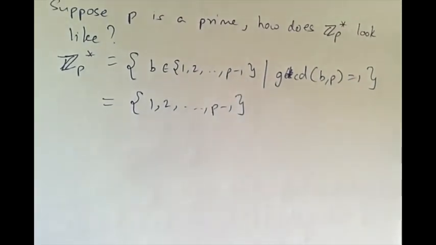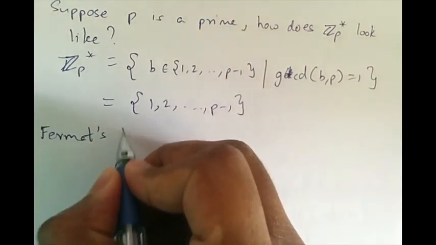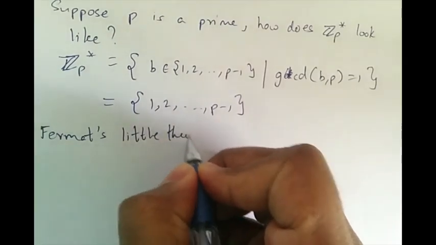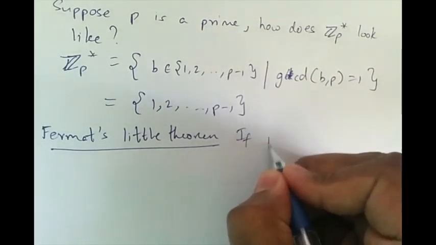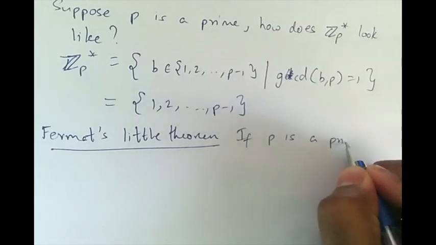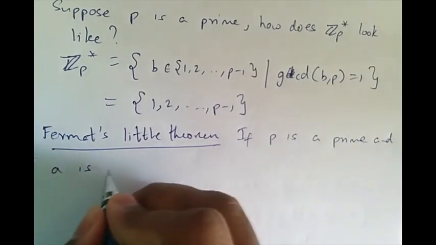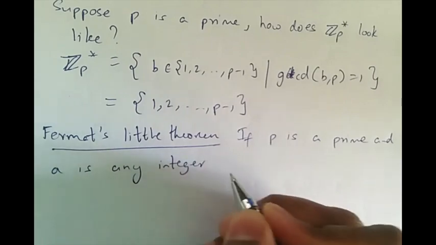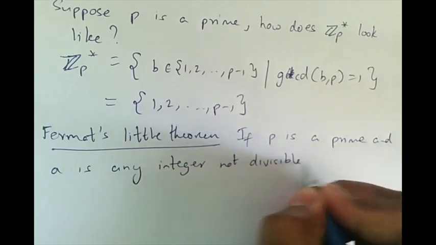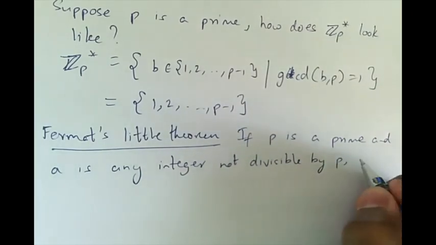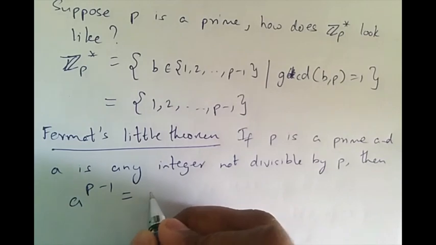So what is Fermat's little theorem? It says that if p is a prime, and a is any integer not divisible by p, then a to the p minus 1 is equal to 1 mod p.